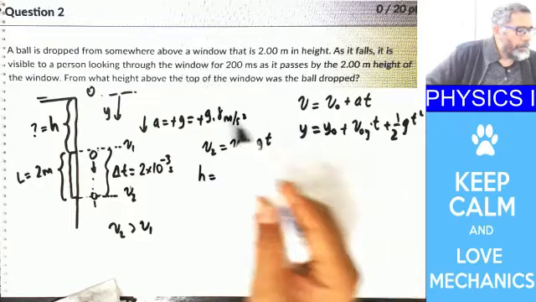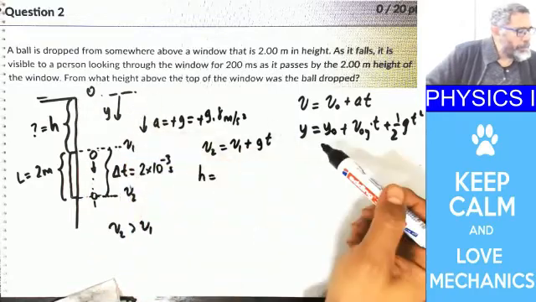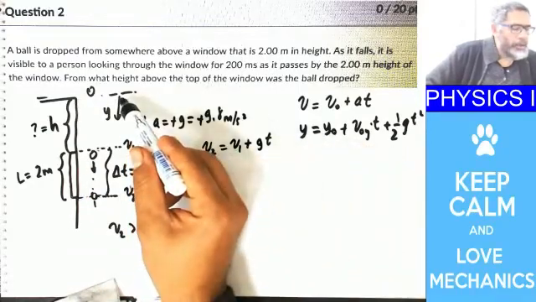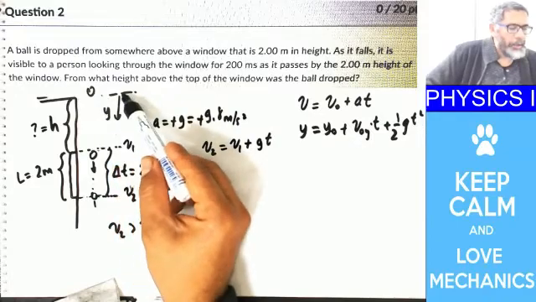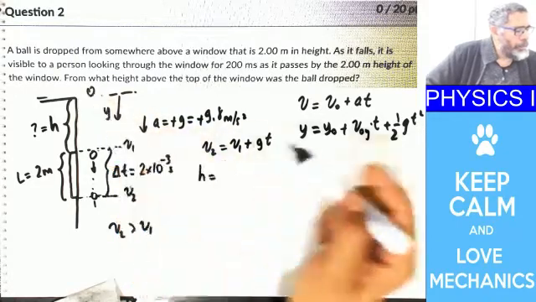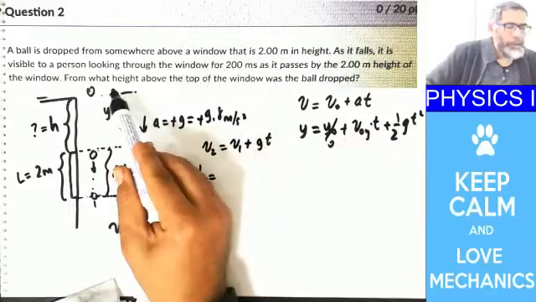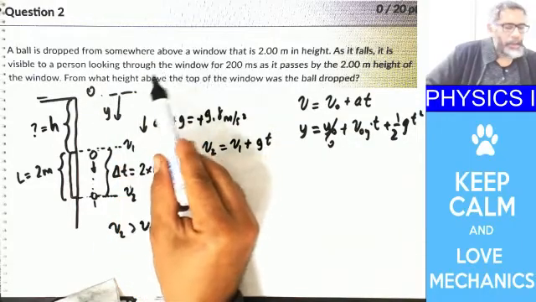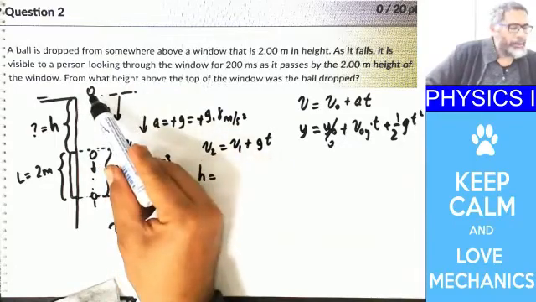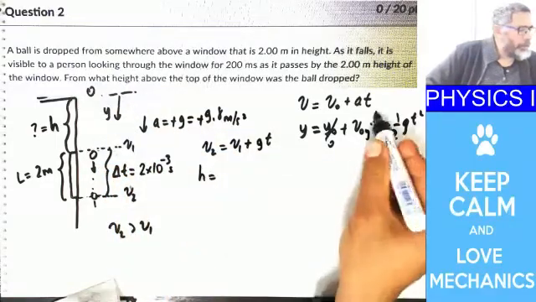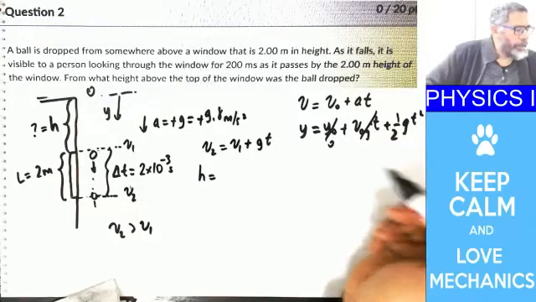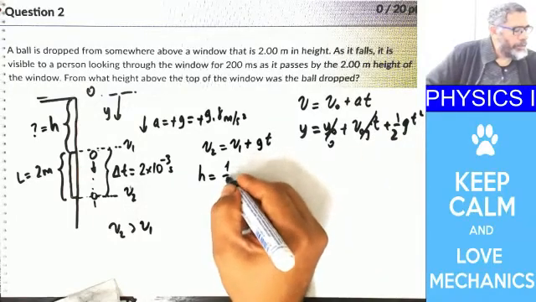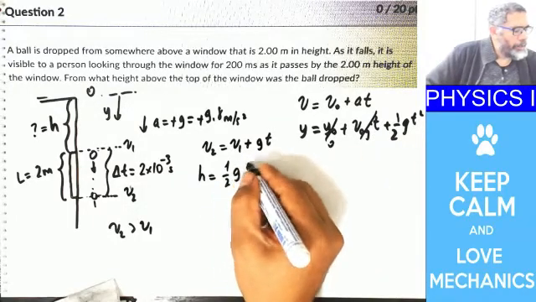But the initial position of the ball is just 0 because I took my coordinate system so that the origin is that initial position of the ball. And the ball is dropped, so it is just released from rest, so v0y is going to be 0. So h is going to be just 1/2 g t squared.